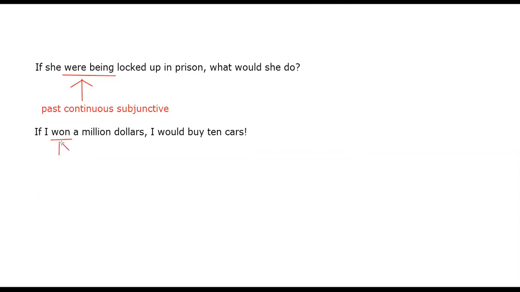And I'll just leave these up here so you guys can just look over them. Let's see. And then let's do one with the past perfect subjunctive.